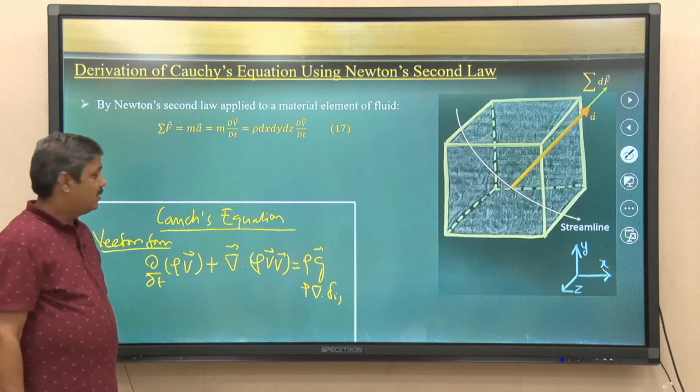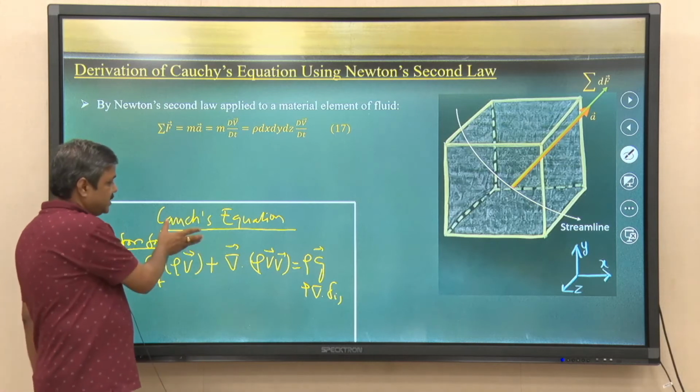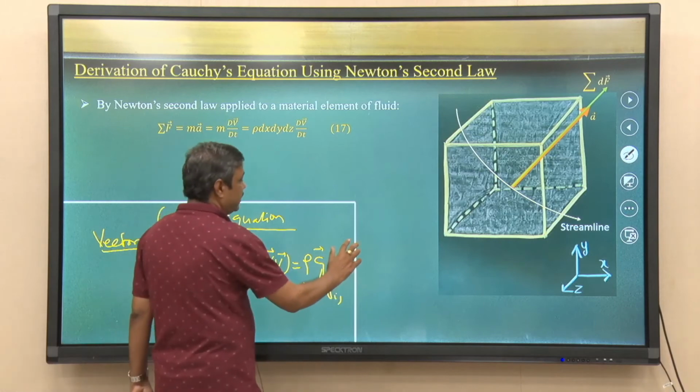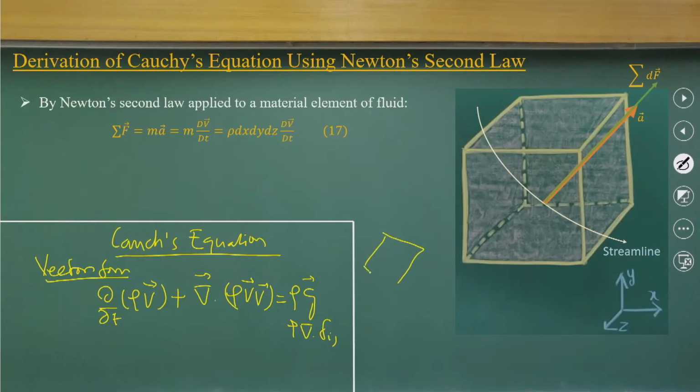This is what we derived as the Cauchy equation, a linear momentum equation for an infinitely small control volume, where sigma ij is the stress tensor.